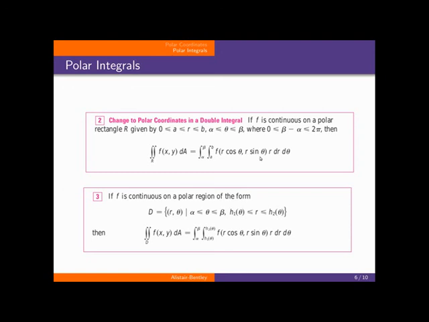Now, another very important difference is when we move to polar coordinates, we have to introduce this r scaling. So when you write the dr d theta, make sure that you put an r in front of the dr term.